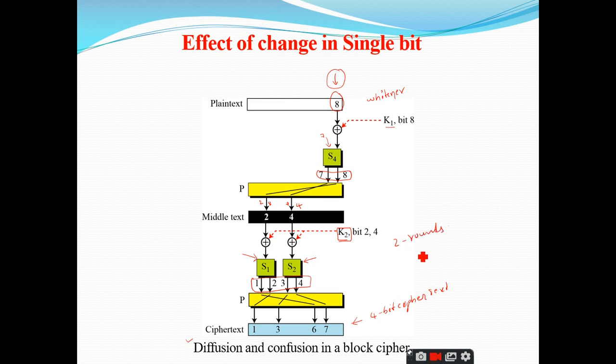And now assume what happens if you take n rounds. You can just assume how many cipher bits are linked to the plain text bits. So this is how diffusion and confusion are achieved in the block cipher by making use of more rounds of the product cipher. Is it clear up to this point?